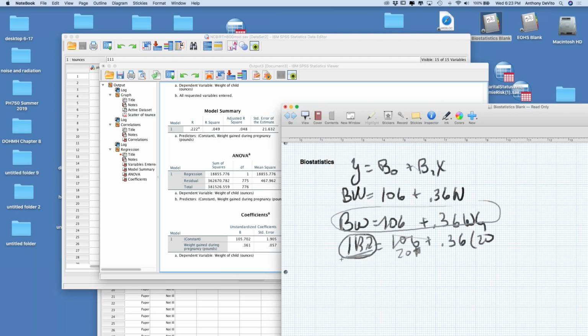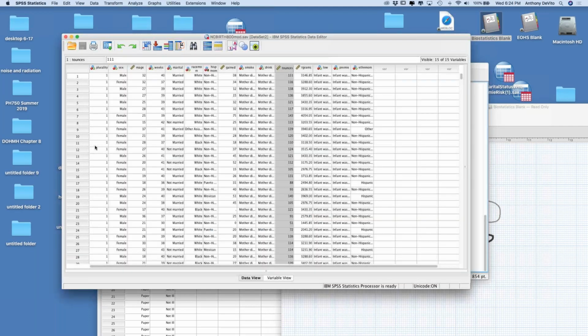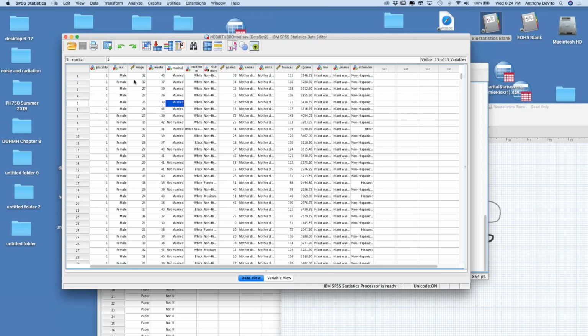Okay, so we can use it predictively. Unfortunately, in this case, it's not that good a predictor. Well, let's see how bad a predictor it really is. I can take advantage of the fact that it's not just a matter of guessing. I know for this woman right here, the first one, how much weight she gained.